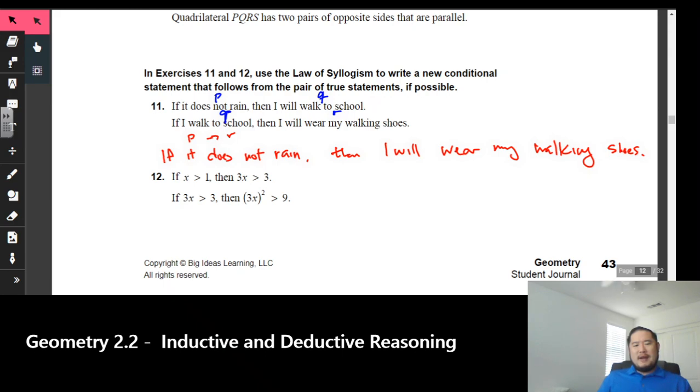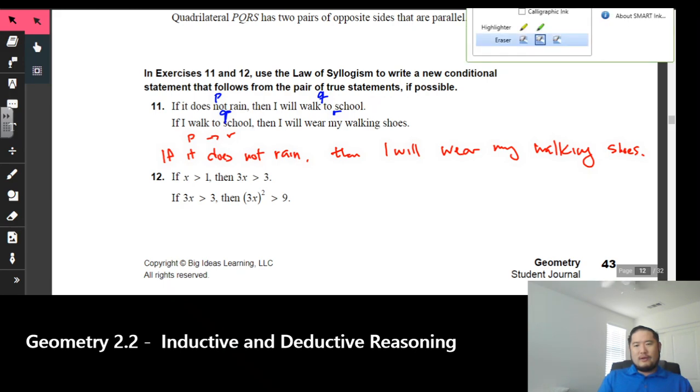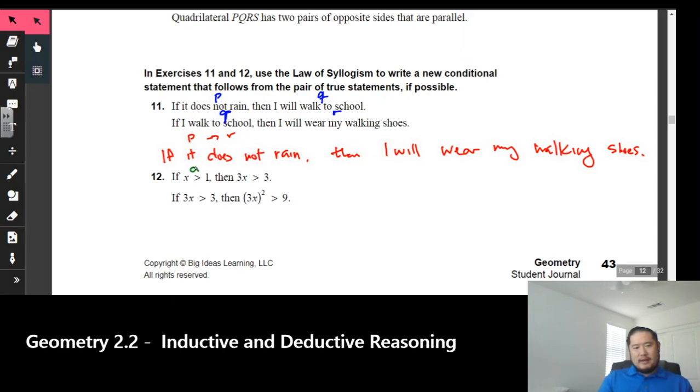Let's take a look next at number 12. Let's see if we can come up with our statement here using law of syllogism. So if x is greater than 1, that'll be my hypothesis. So let's go ahead and put P right here. Then 3x is greater than 3. There we have Q. If 3x is greater than 3, right there once again we have Q. And this right here will be statement R. Then (3x) squared is greater than 9.